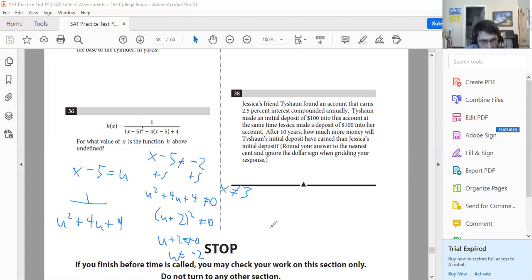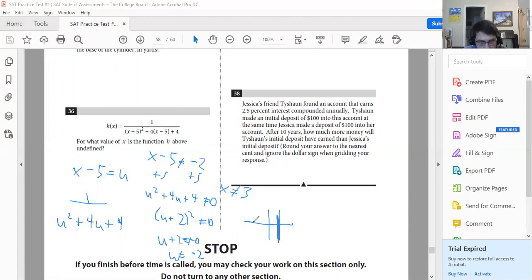If you graphed that, the graph should blow up at 3, like there should be a straight line. I'm not going to graph it. The graph would have a vertical asymptote at 3.